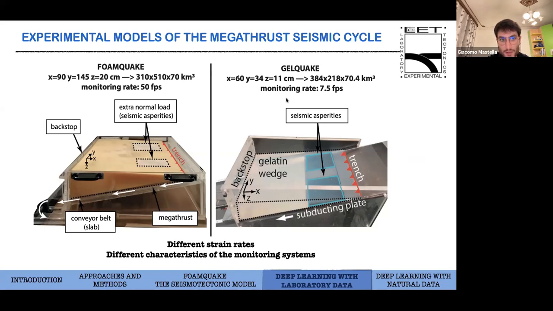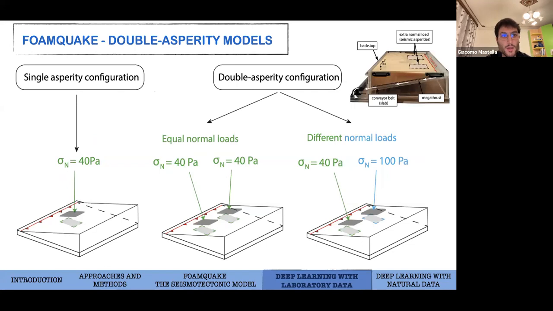So the two experiments are characterized by different strain rates and different monitoring systems. And also with FOAMQUAKE, we applied the method to data derived from different experimental configurations, both single asperity models and double asperity models.